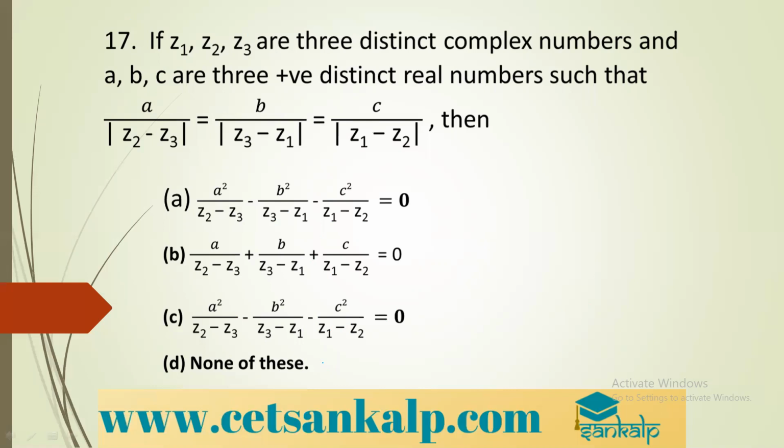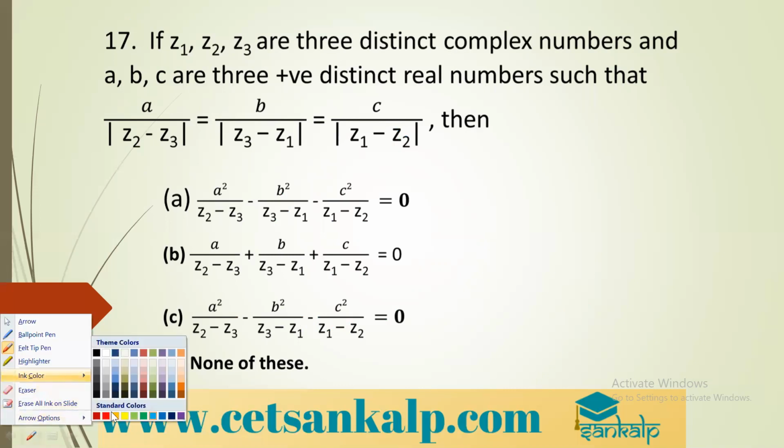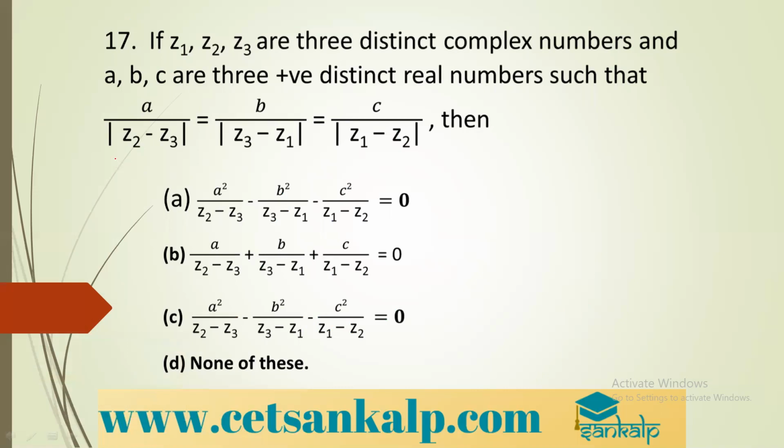Then any one of these options should be correct. So which option will be correct? We will see. Because in the question they said all these are equal. A by modulus of Z2 minus Z3 equal to B by modulus of Z3 minus Z1 equal to C by modulus of Z1 minus Z2.